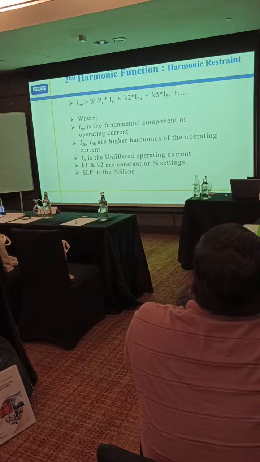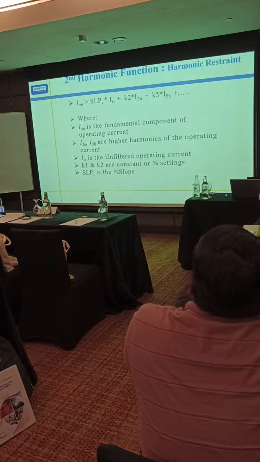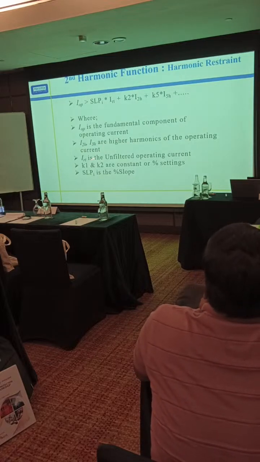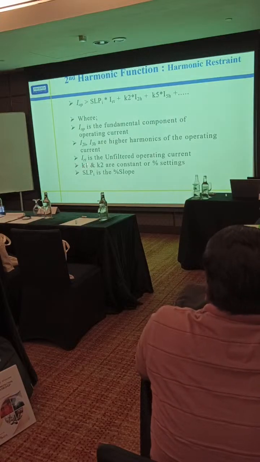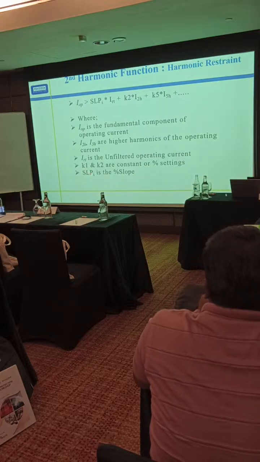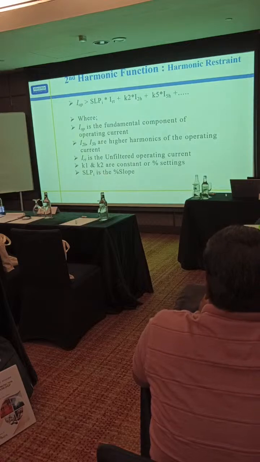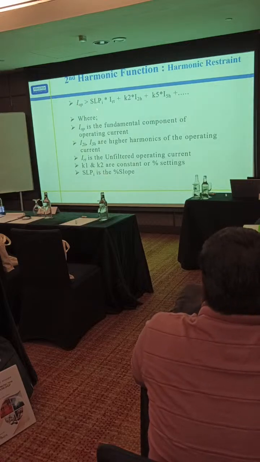So here is the meaning. This is the fundamental component of operating current. Second, third, higher harmonics for operating current. It's the unfiltered operating current. K1, K2 are constants of percentage setting. Slope I is for percentage. So from this formula it is clear.